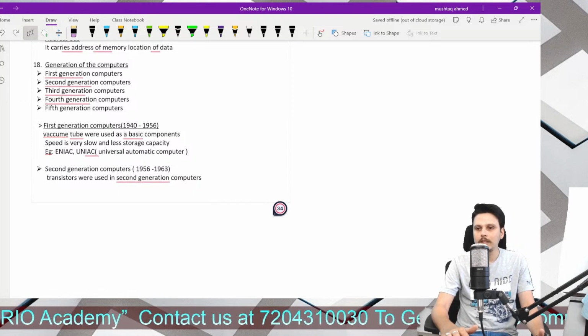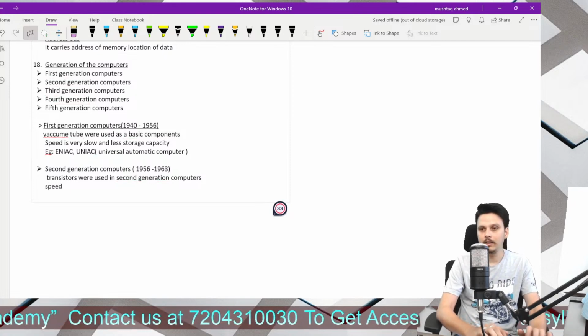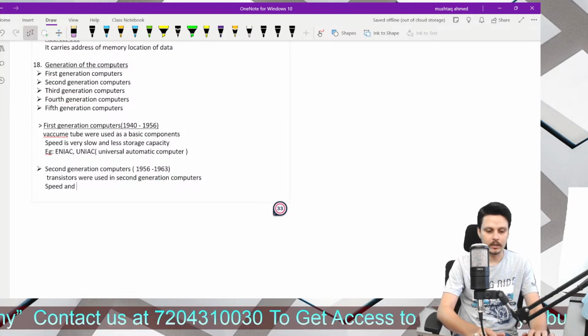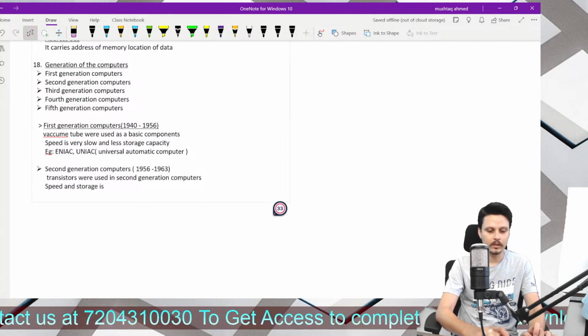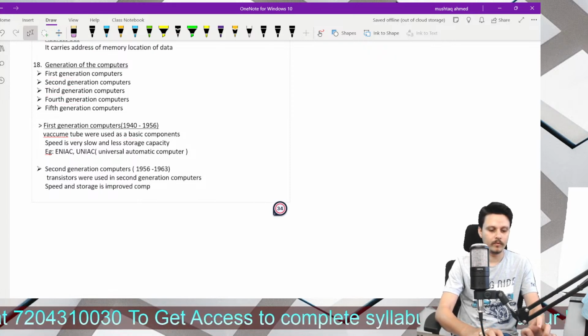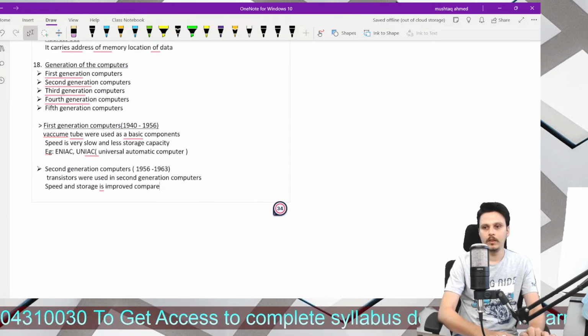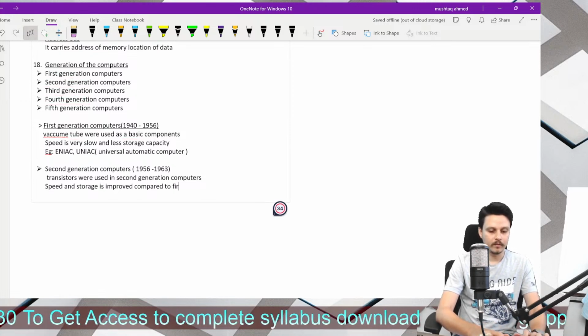Speed and storage improved compared to first generation computers.